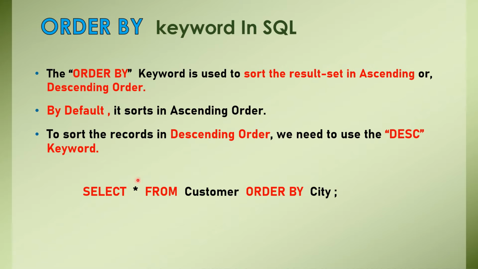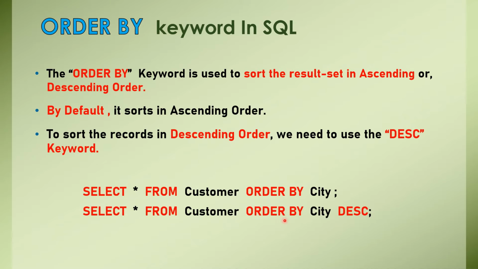So by default, it will sort our entire customer table based on the city column in ascending order. Correct? The values present in the city column will be taken into consideration for sorting the data. Okay, and how it is done we will look into some examples, then you will get it more clearly.